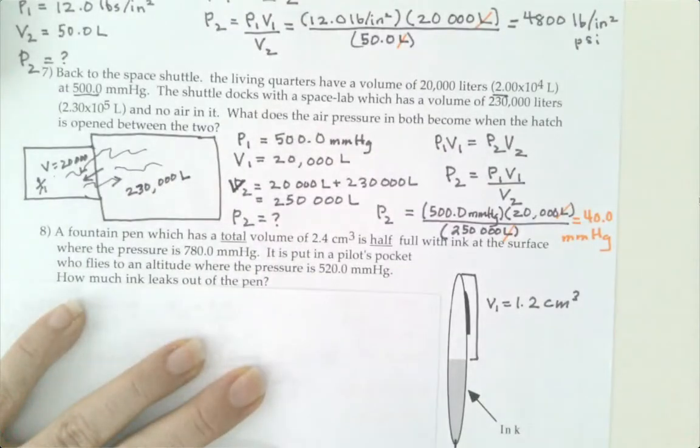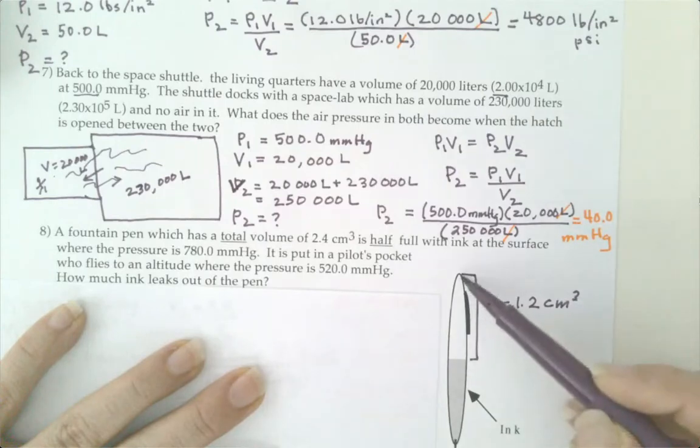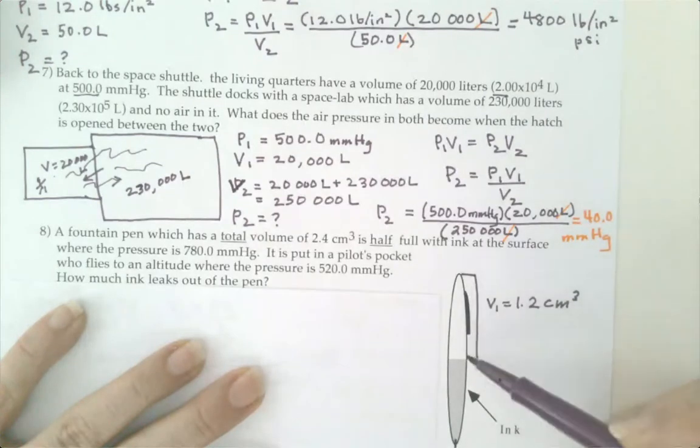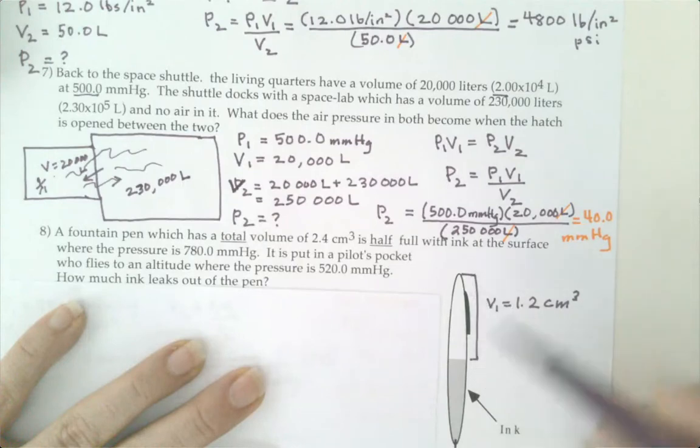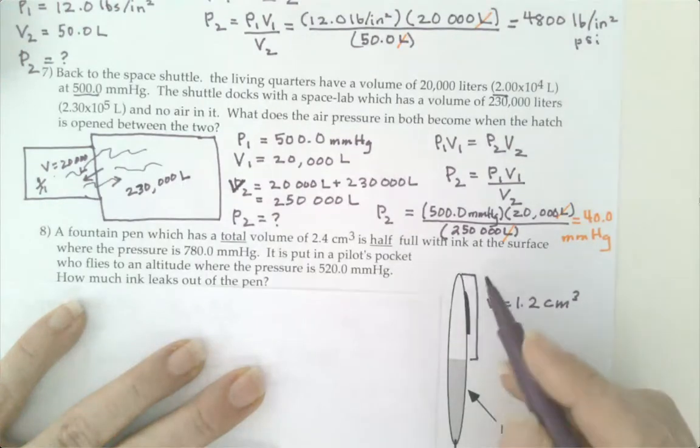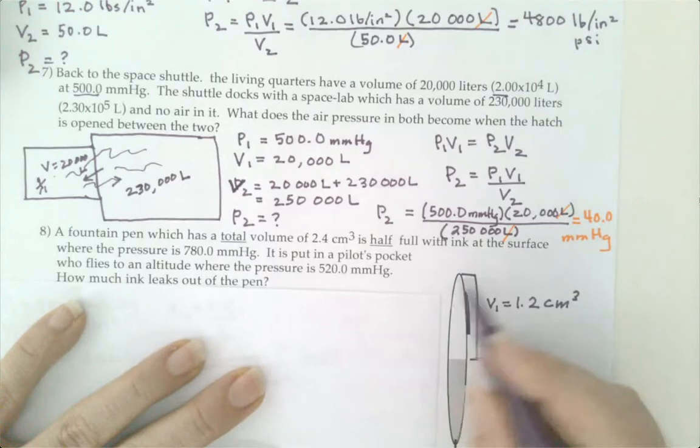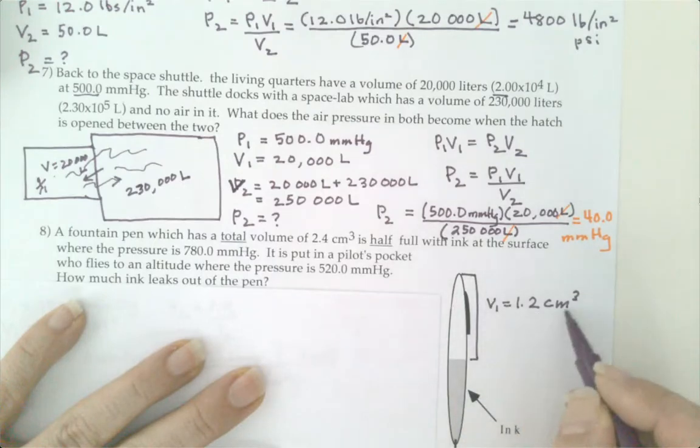So remember that gas laws only apply to gases. They don't apply to liquids. So when we're talking about Boyle's law formulas, we have to look at the volume of just the air in the pen. Because the entire pen itself is 2.4 centimeters cubed, half of it is 1.2 centimeters cubed of air.